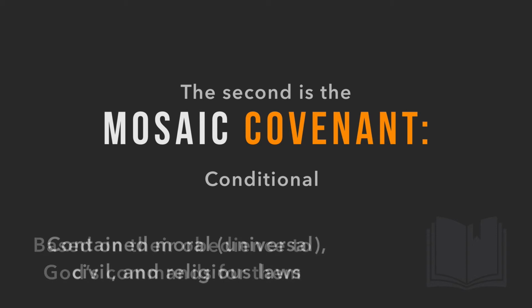The Mosaic Covenant actually contained some things that are moral and still apply today, some universal laws, but it also contained a lot of civil laws and religious laws, ceremonial laws, for them only at that time, many of which are now done away with. But there are parts of the Mosaic Covenant, of course, as we covered, that will never be done away with, things like universal morality and the Ten Commandments and such. So God's people up to this point are under two different covenants.